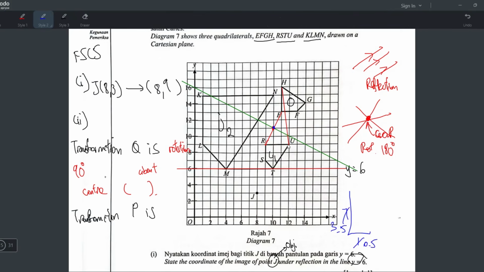That means the midpoint is at 0.5, which is here, and then go up 3.5. So it's around here. If you're not confident, you can also count from the top: 0.5 and then go down 3.5. Yeah, so this is the exact midpoint location, around here.